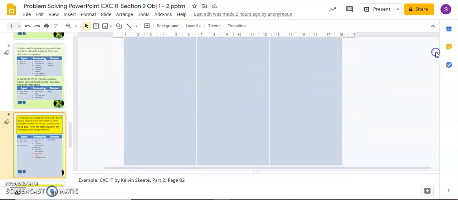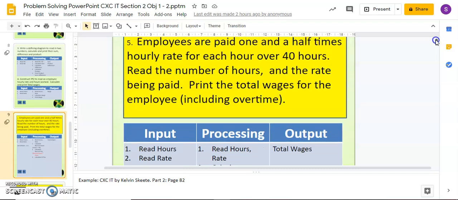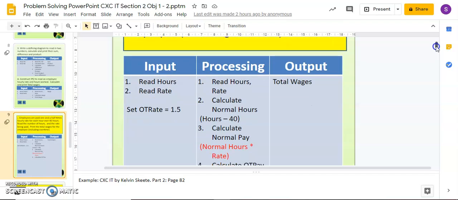And then you will ask the computer to set the overtime rate at 1.5, which is time and a half. After which the computer will process that, which is to read the hours and the rate, calculate the normal hours, which is hours minus 40, and calculate the normal pay, normal hours times rate.